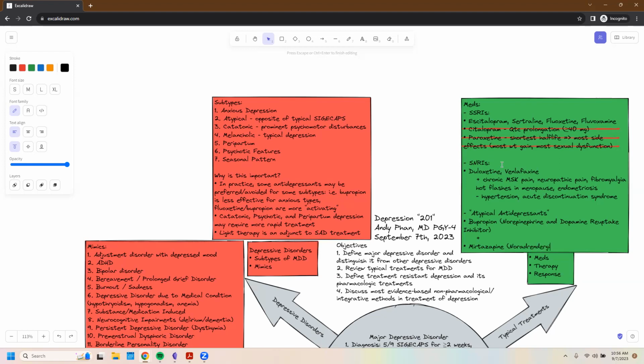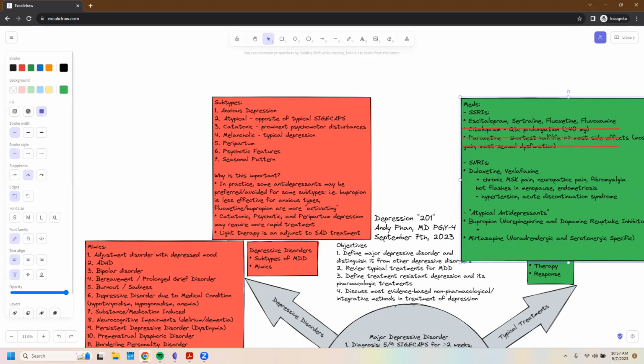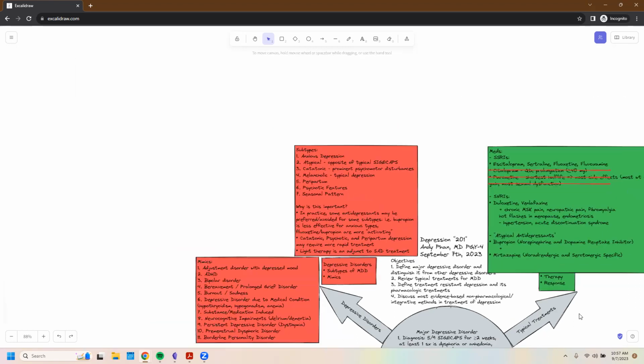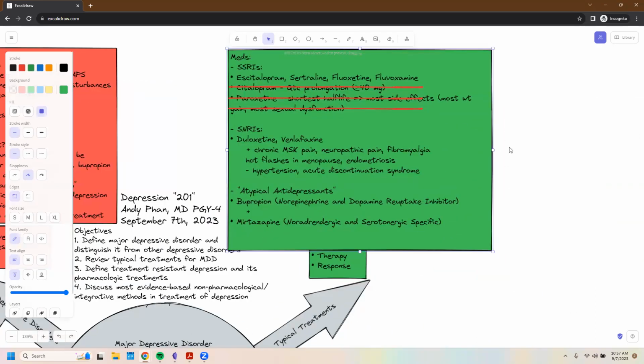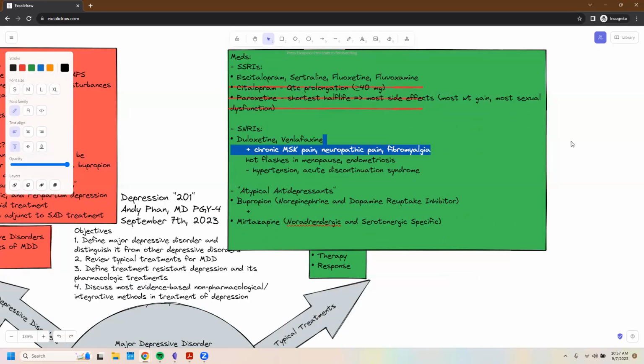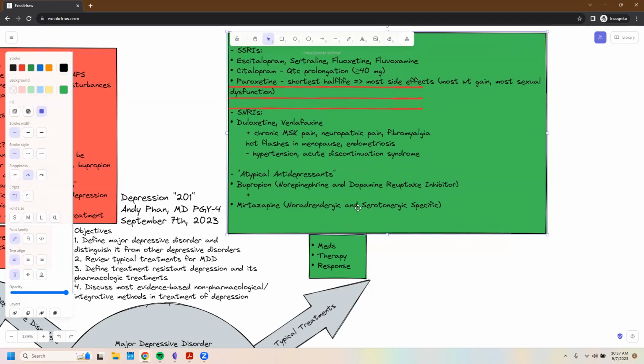Noradrenergic, serotonergic, specific. Comorbid ADHD. Yeah, good. Yeah, sexual side effects. Awesome.